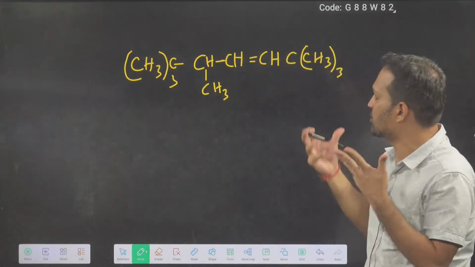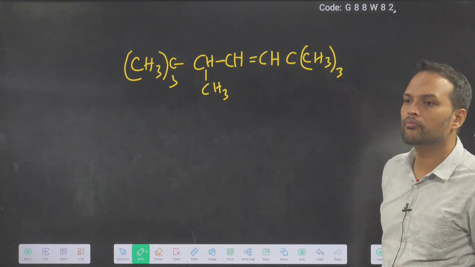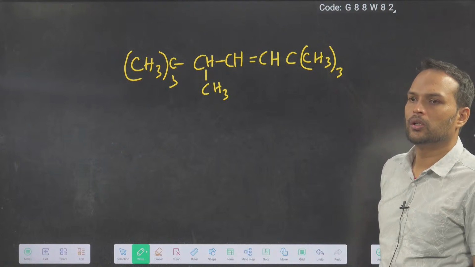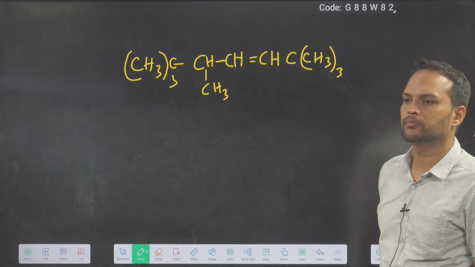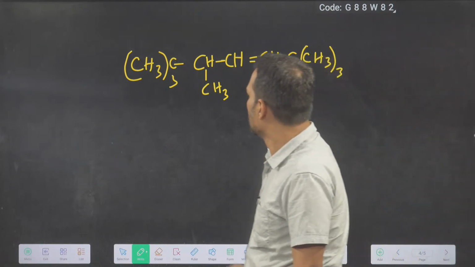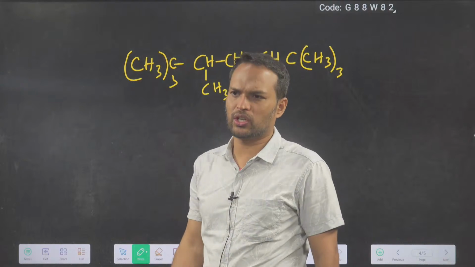If you think sir, this carbon is not having 4 bonds, okay. So this is a type of a bit condensed structure only.